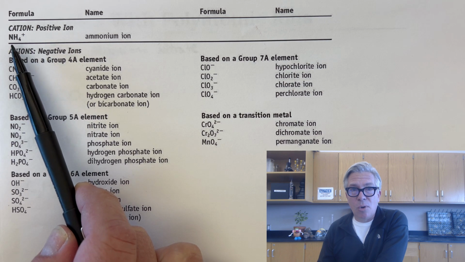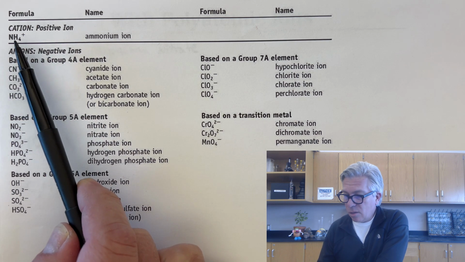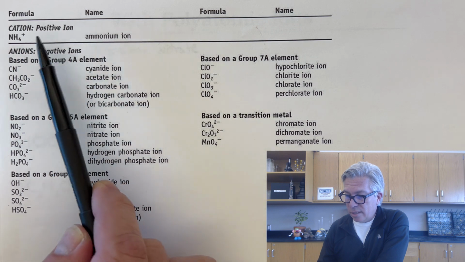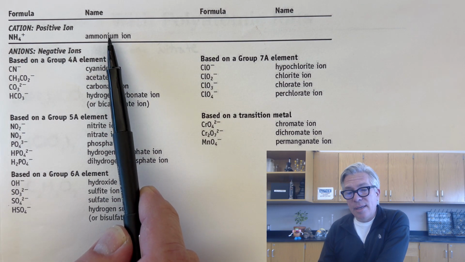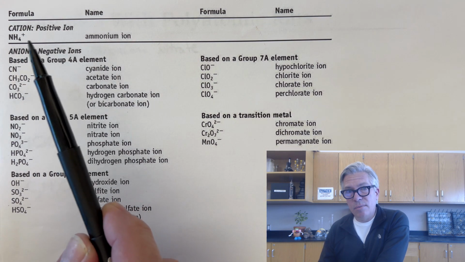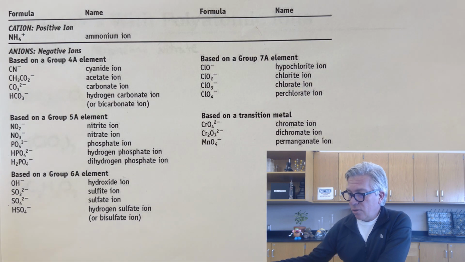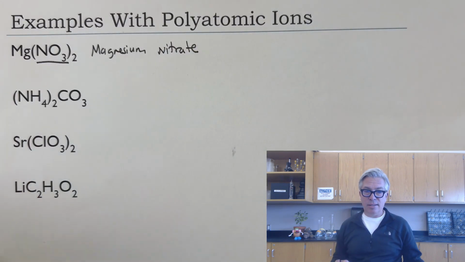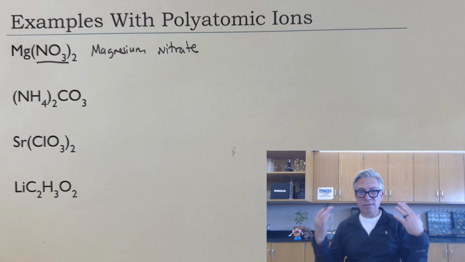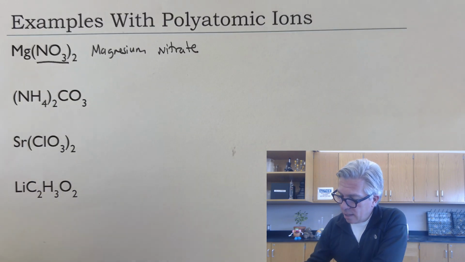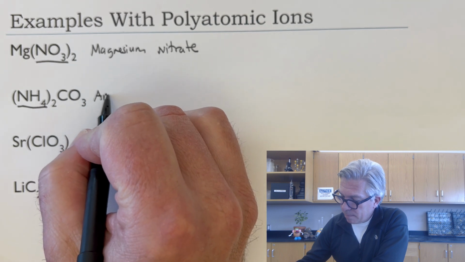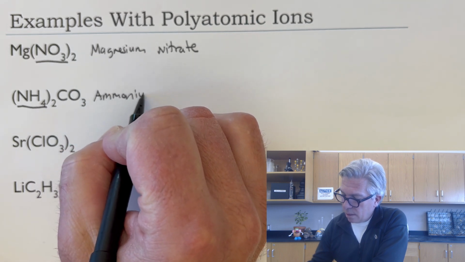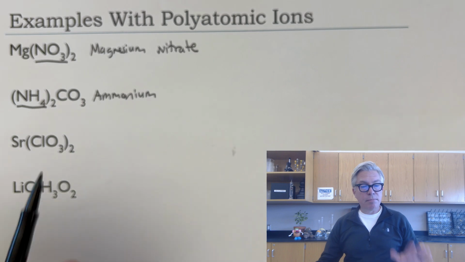There's not only one out there, but ammonium is so common that it's usually listed as NH4 plus. So even though it's not a metal, it has a positive charge, and so it can act as the cation in an ionic compound. You might see it over here on the left-hand side. When you see that, you just have to know that it's there and exists. You can name all of that by simply calling it ammonium.